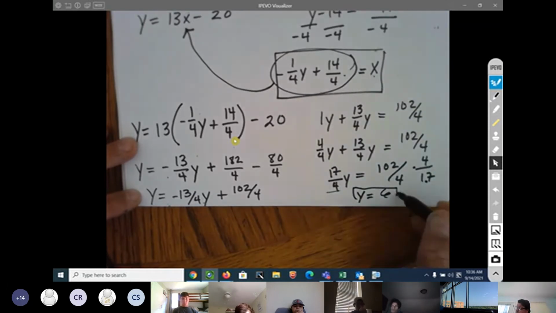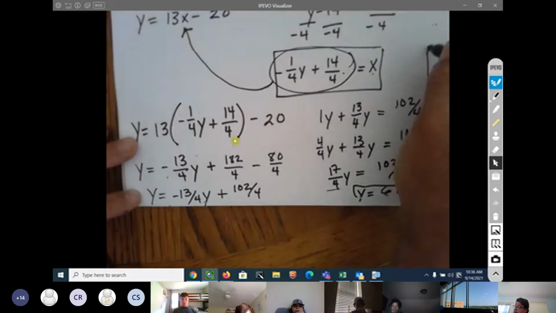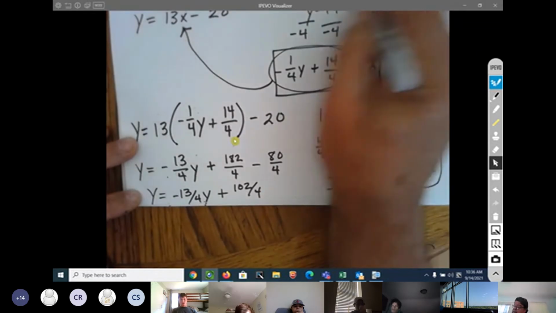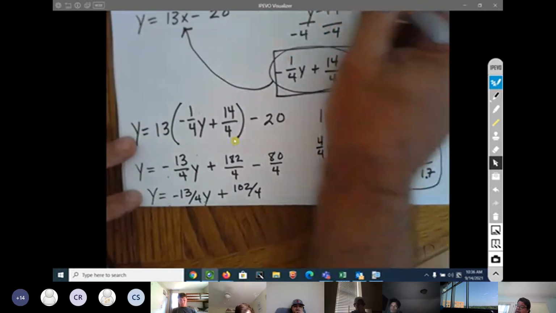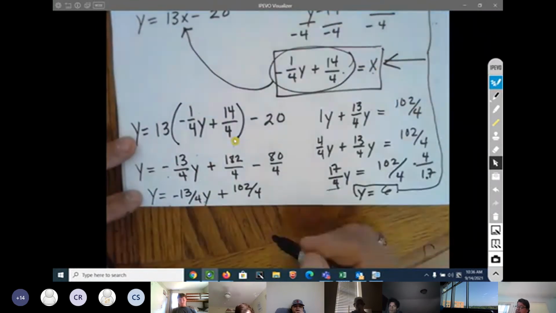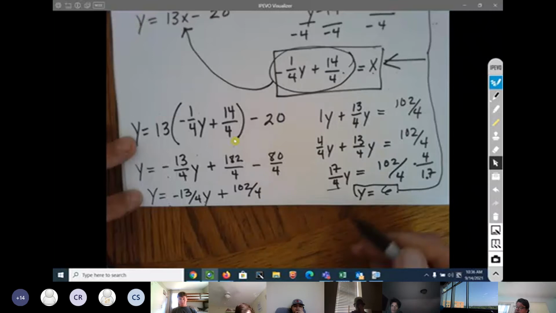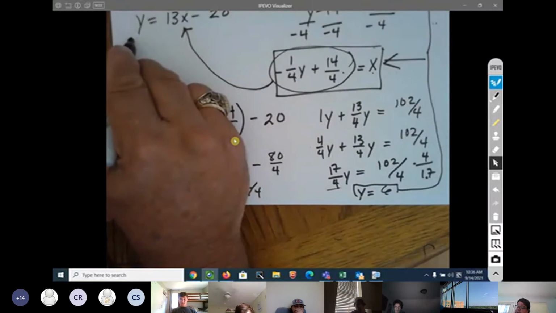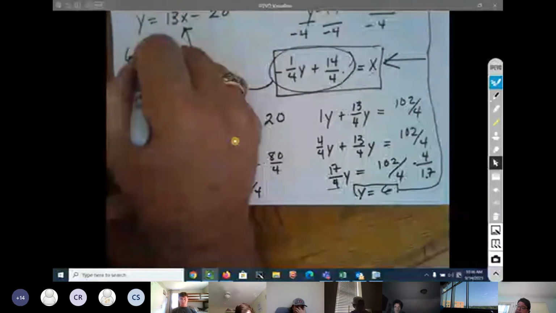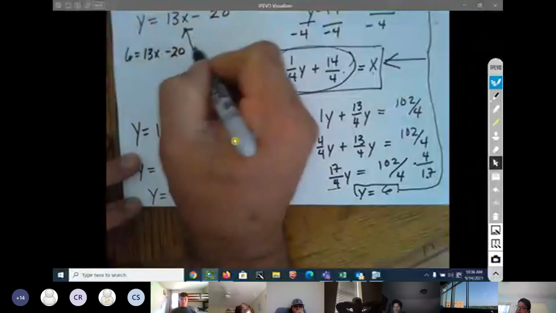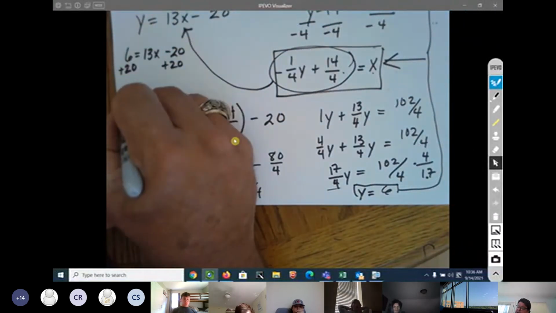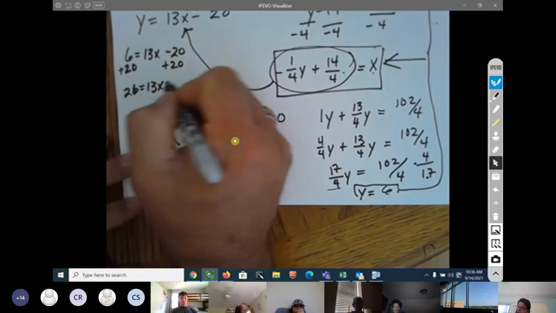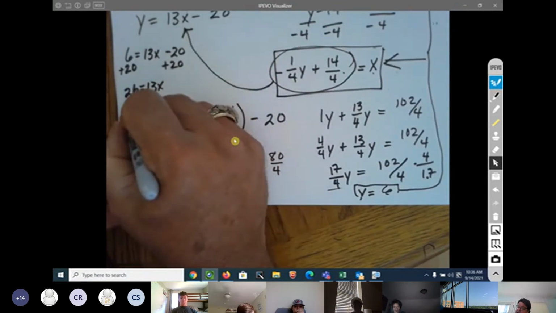And then take that number and plug it into here, or plug it into here, and solve. Either one. You can plug it in here, or you can plug it in here, and solve, and you should get 2. Let's plug it in right here. 6 is equal to 13x minus 20, plus 20, plus 20. 26 is equal to 13x, which x is equal to 2.